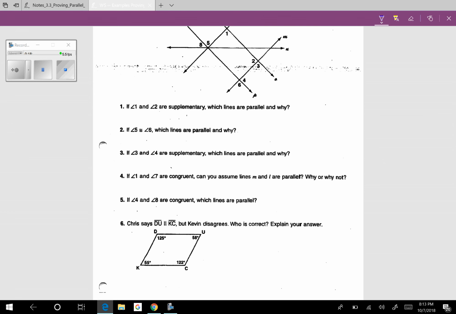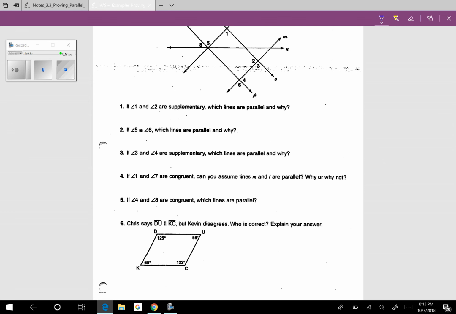Okay, this is going to be a little bit tricky with this diagram. You're going to have to learn when you need to look at certain lines and when you can ignore certain lines. Do you see how angle 1 and angle 2 are going along the same line, line O? That's the transversal.